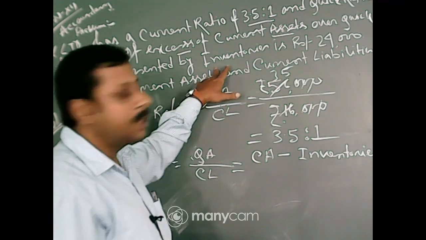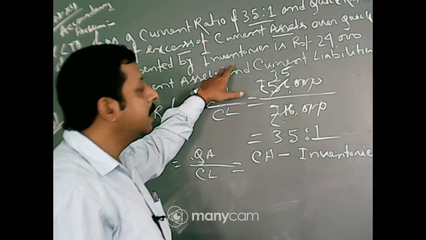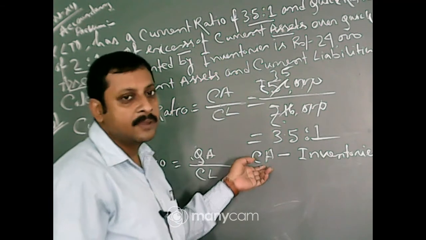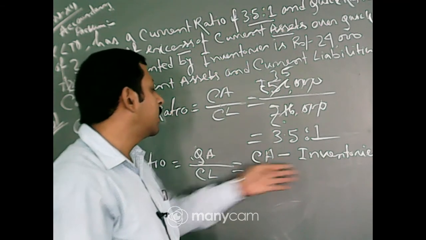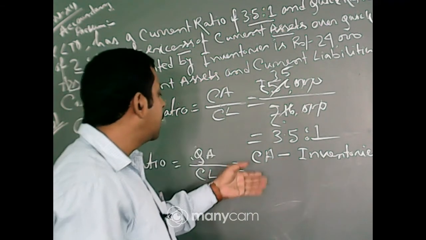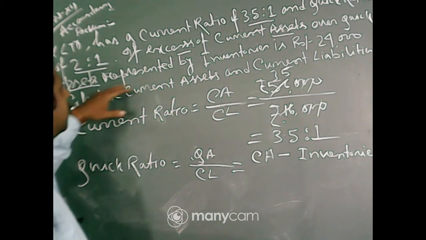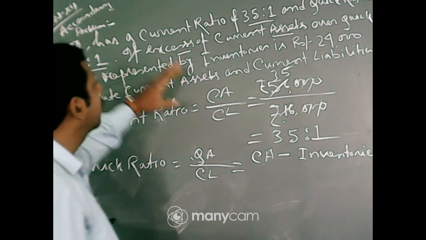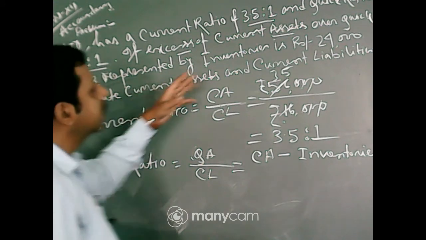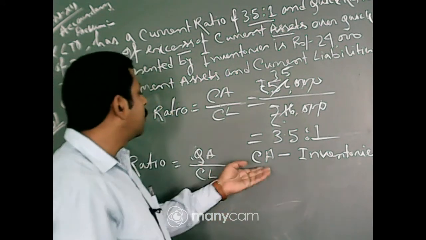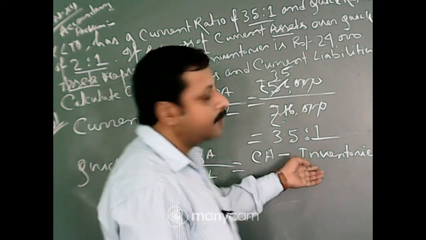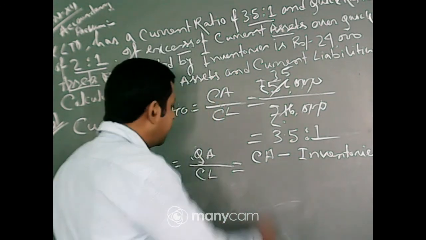In this problem, inventories is already given, so if we subtract inventories from current assets, we get the quick assets. That's already said by your problem, because the excess of current assets over quick assets is represented by inventories only.